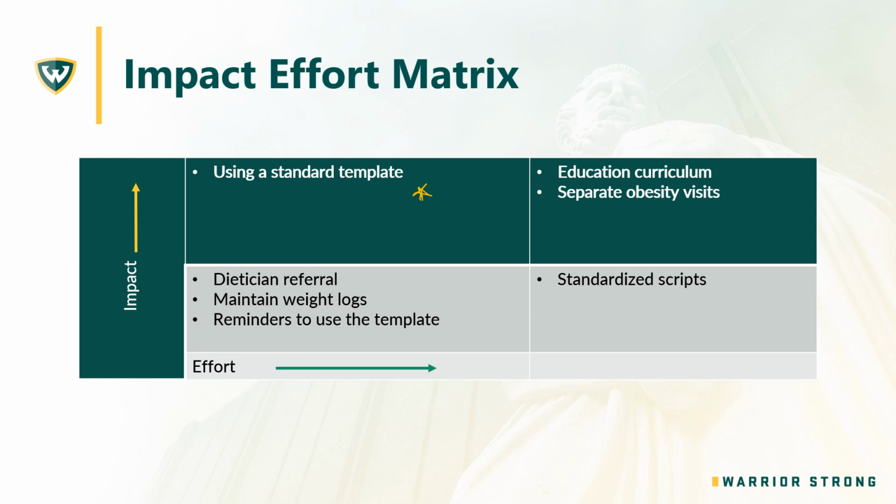There would be some interventions which have low impact but also have a low effort. They are like fill-ins, and some interventions have a high impact but also require high effort, and these are usually big projects. So we picked three interventions from these groups. We used a standardized template, we used reminders to use the template, and we also created an education curriculum.